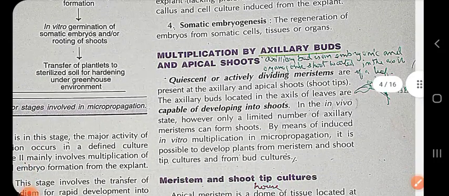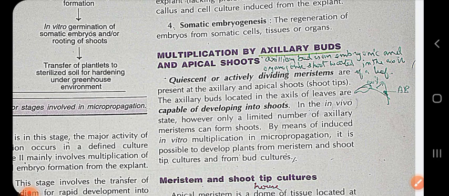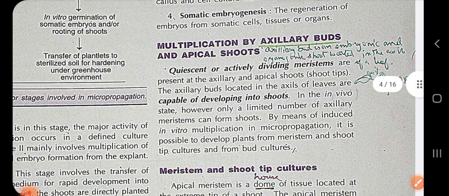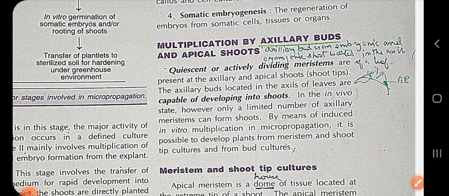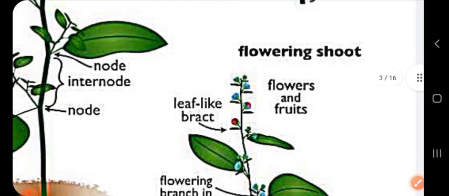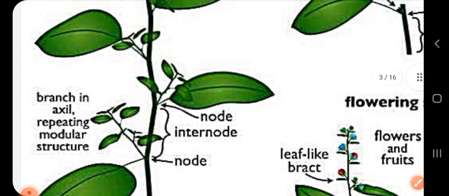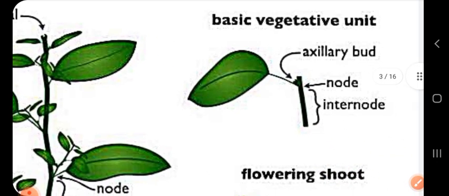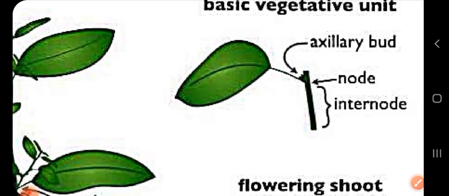So let us see multiplication by axillary bud and apical shoots. What is an axillary bud actually? An axillary bud is an embryonic and organogenic shoot which is located in the axil of a leaf. If you see the axillary bud, this is the axillary bud.